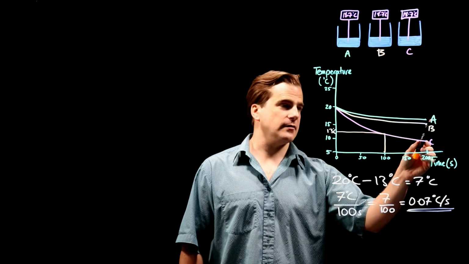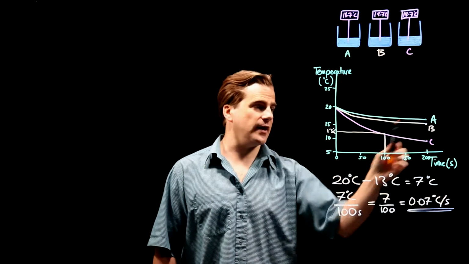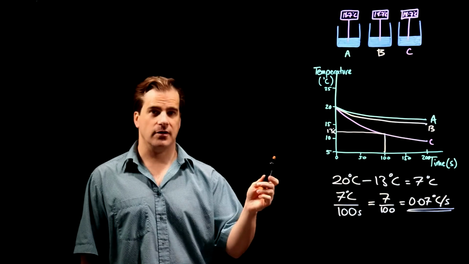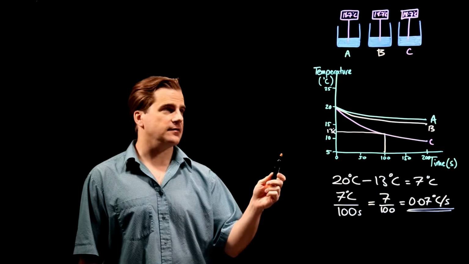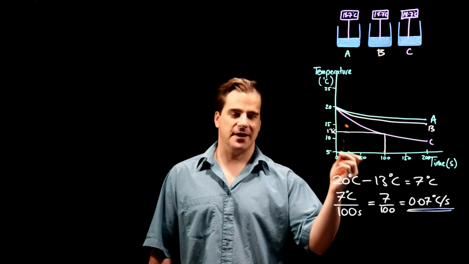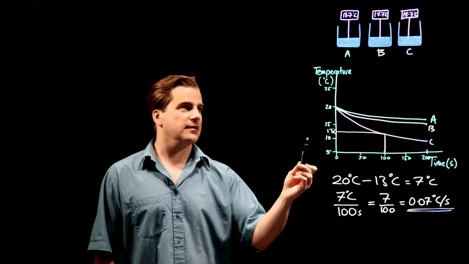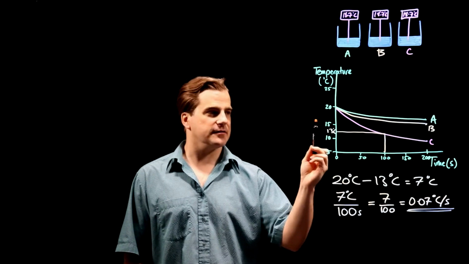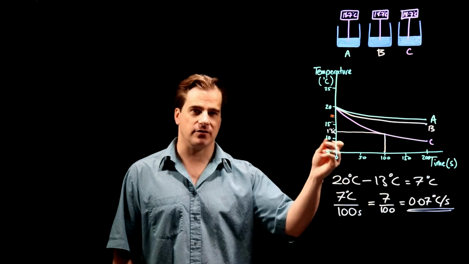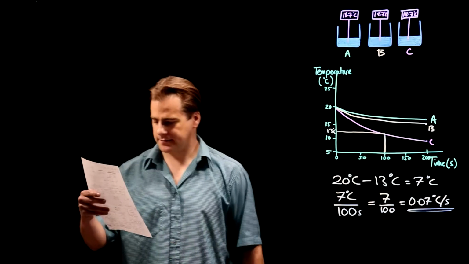And that's A. The temperature has gone down the least for A. So the answer is A, and the reason is what I just said. When a liquid evaporates, its temperature falls. So A has evaporated the least because its temperature has fallen the least. Good. Next.